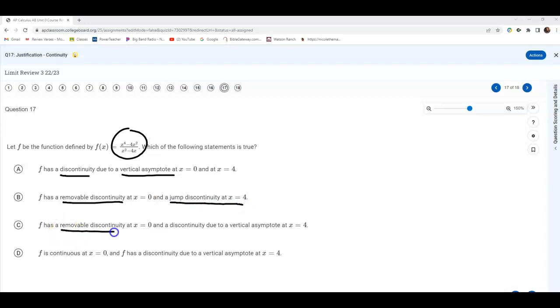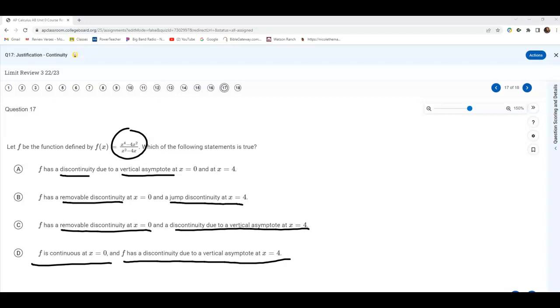Another, f has a removable discontinuity at 0 and a discontinuity due to a vertical asymptote at x equals 4. And then finally, f is continuous at 0 and f has a discontinuity due to a vertical asymptote at x equals 4. All right, well, a discontinuity is going to happen anytime the denominator is equal to 0.